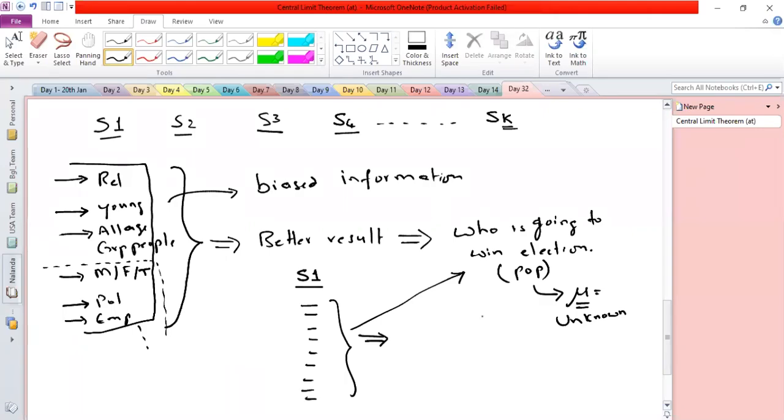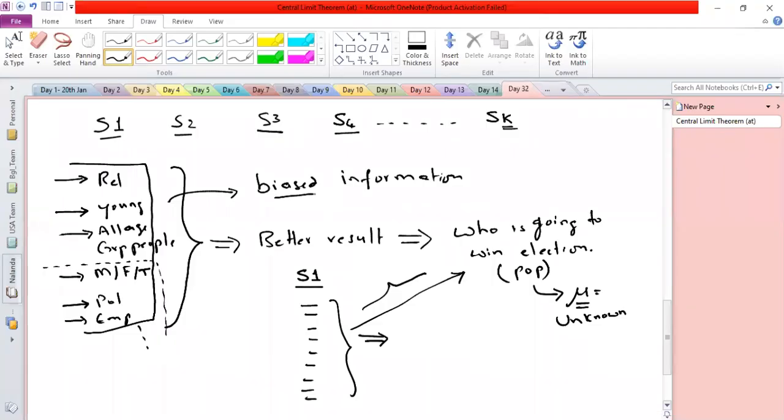Okay, so we are trying to make an attempt to go from here to here, that means from sample to population. Now, in this process, when I am not able to include the right set of people, the information is going to be biased.